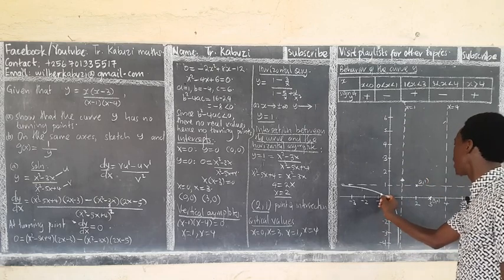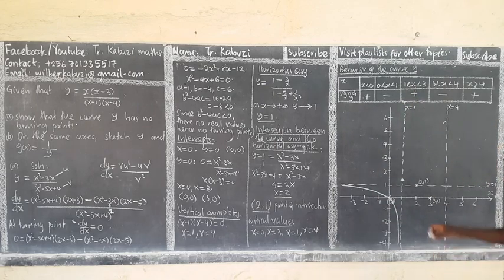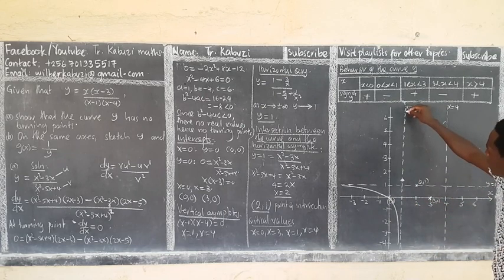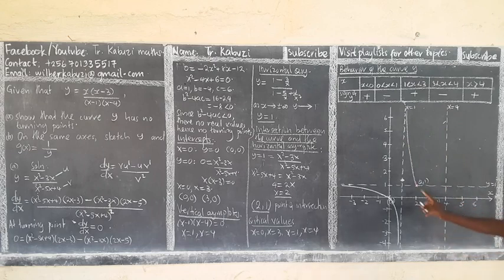So now this is my curve. It's going to come like that. Then between 1 and 3, it's in the positive, above the x-axis. So it's going to graze this asymptote. You see this is our point of intersection between the curve and our horizontal asymptote.